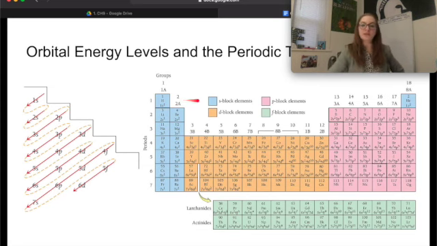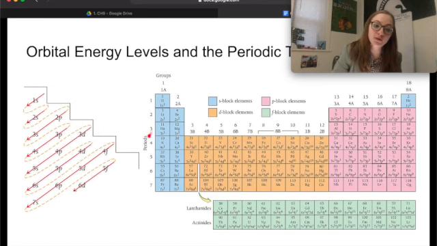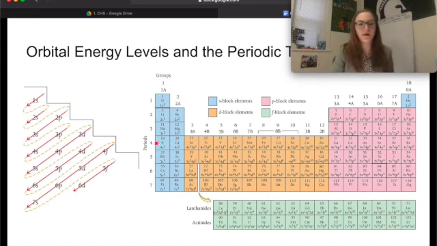So when I look at the periodic table, I'm always in my head going 1s, 2s, 2p, 3s, 3p. Okay? So that row, for the most part, corresponds to the n number, that energy level number.